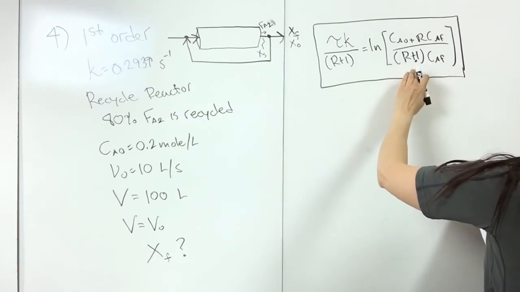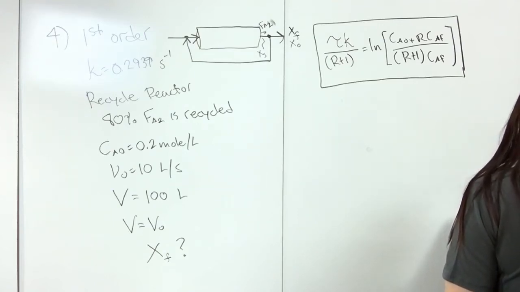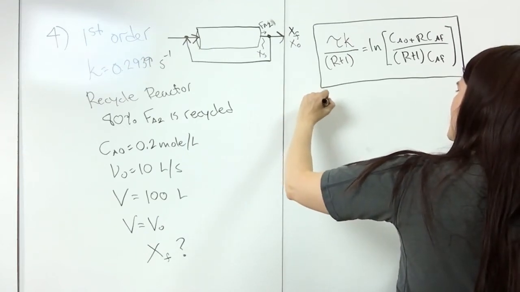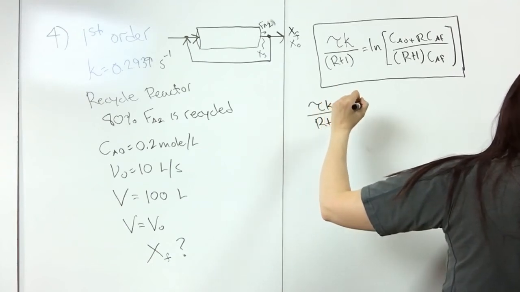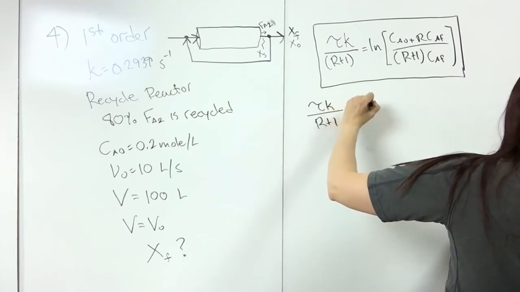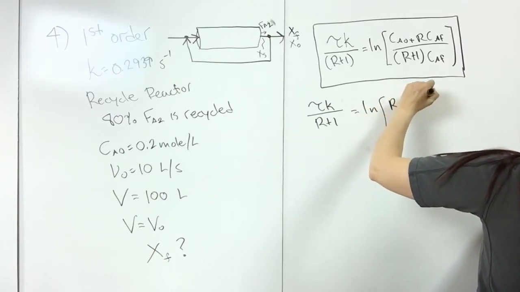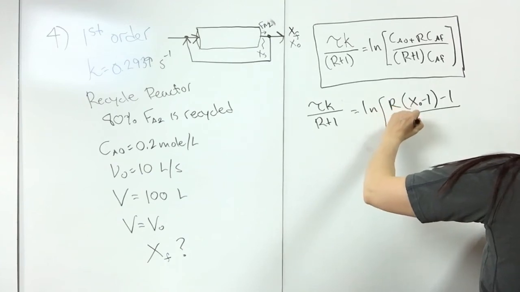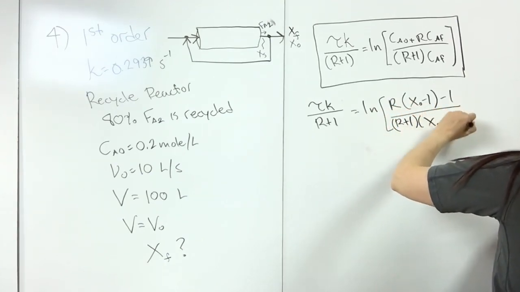If we rewrite this equation in terms of x naught, we get tau k over R plus 1 is equal to natural log of (R x naught minus 1) over (R plus 1)(x naught minus 1).